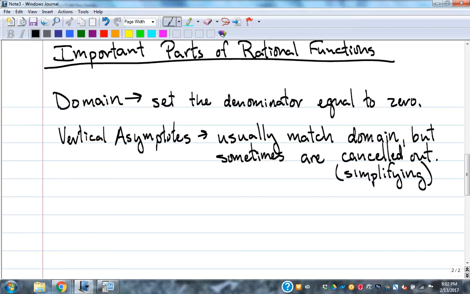Domain first, then vertical asymptotes is the next thing you look for, because a lot of times they're going to match. They're going to be the same. So like if you had a domain where x does not equal 5, then x equals 5 would be a vertical asymptote. That's what we're going to see, that they match up.